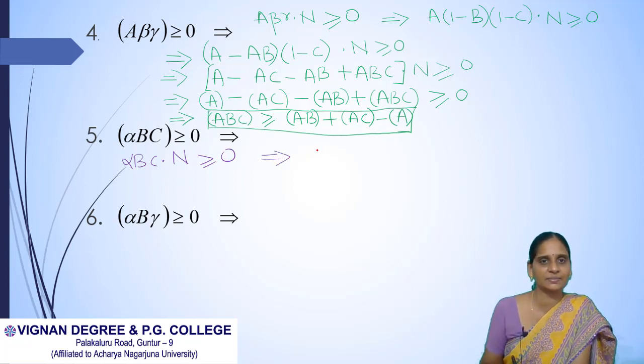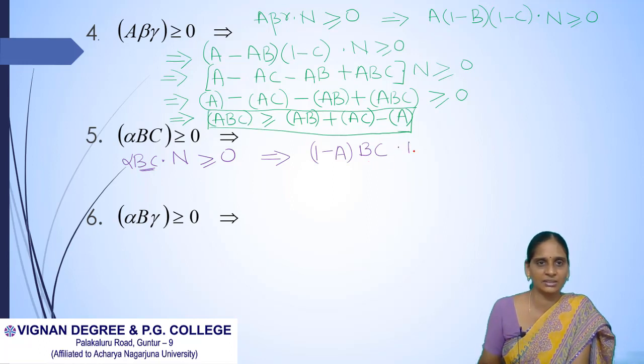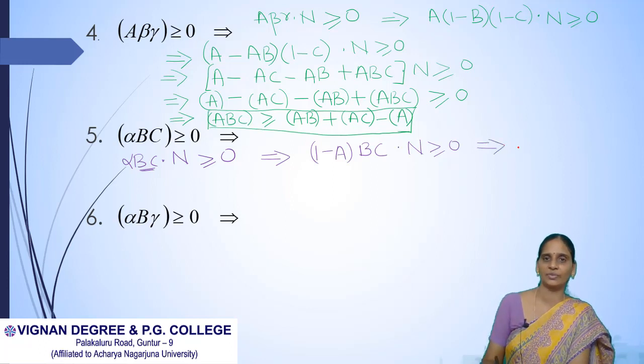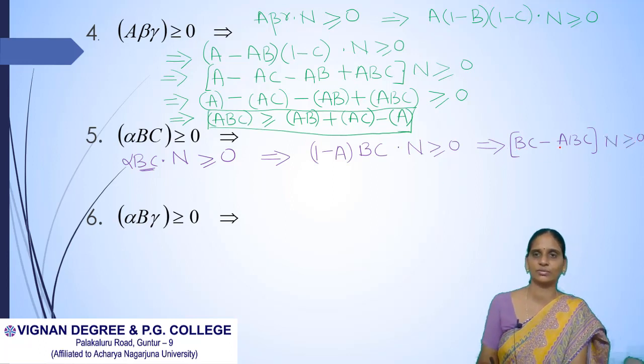And this implies alpha can be written as 1 minus A, into BC, and the two remaining letters I am writing here as it is, into N, which is greater than or equal to 0. Now we have to multiply 1 minus A into BC. We get BC minus ABC into N, which is greater than or equal to 0.